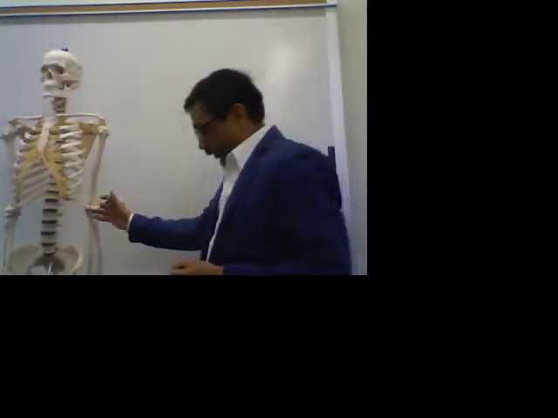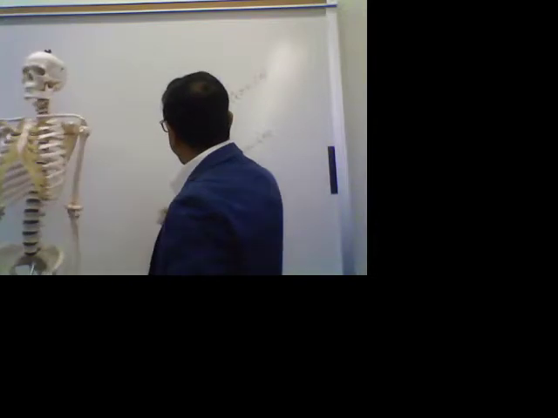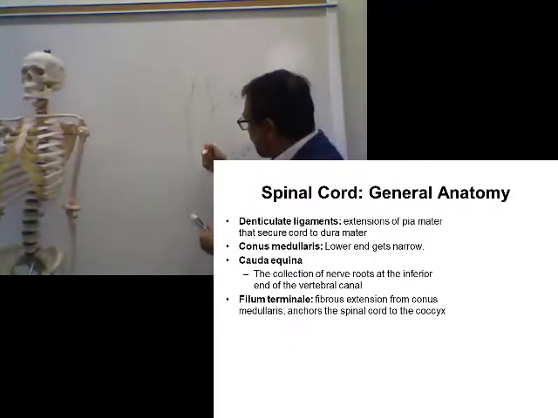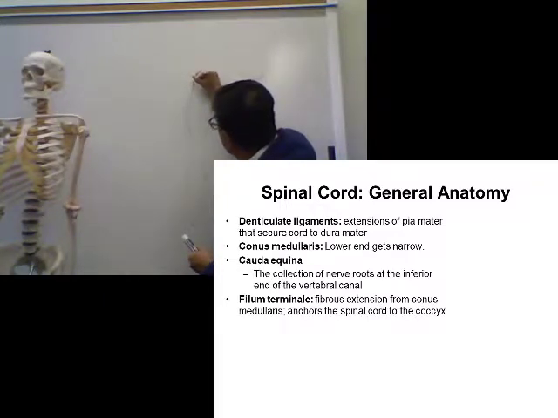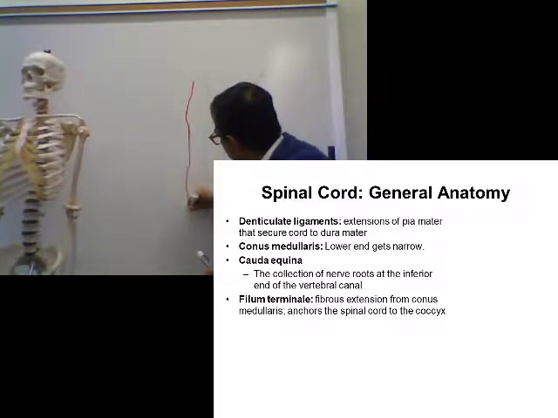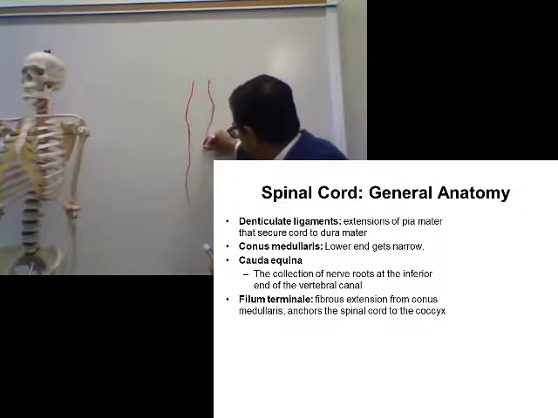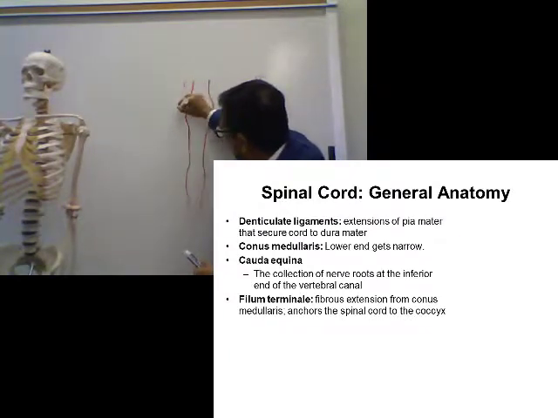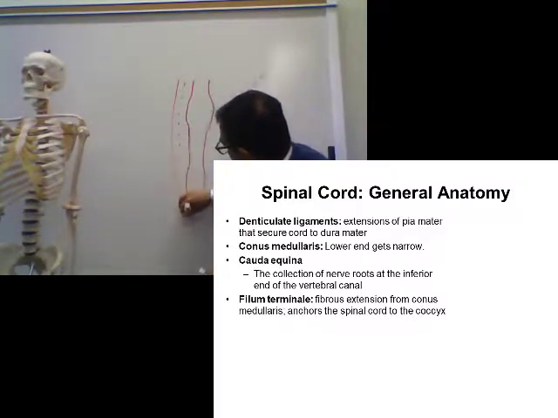Then denticulate ligaments. You know that the pia mater is the innermost meninges, which is attached to the surface of the spinal cord. So this is the pia mater attached to the spinal cord, and then you have the arachnoid mater, and then the outermost meninges is the dura mater.